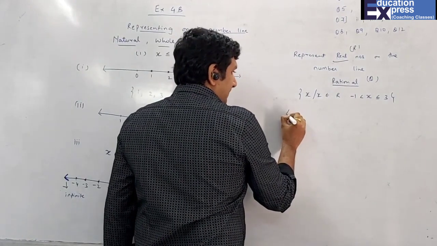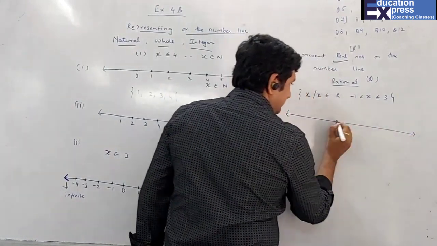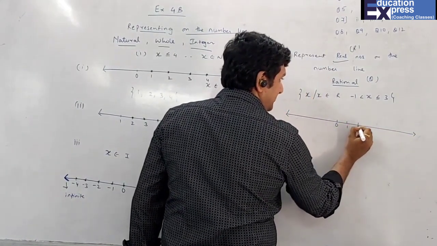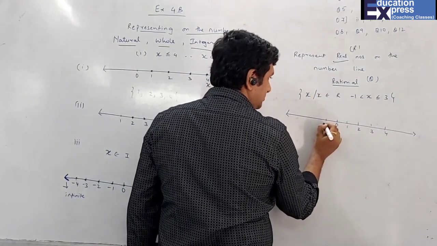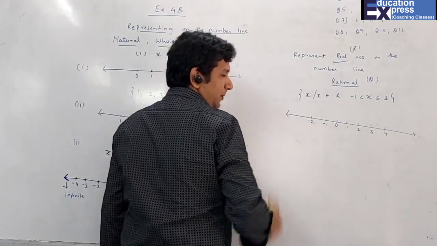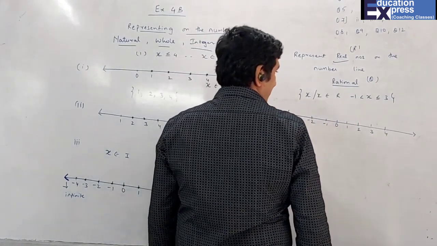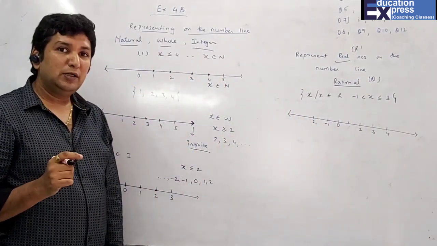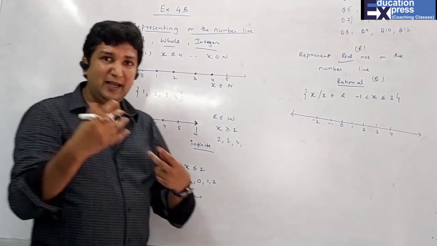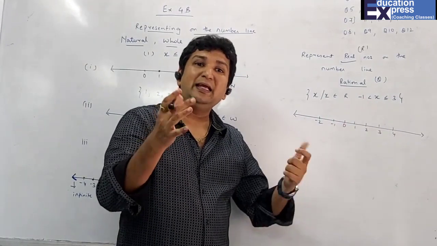So now, 1, 2, 3, one number ahead of it, one number before. Now -1, I don't have to take as equal to. When there is no equal to, that means it is not included.